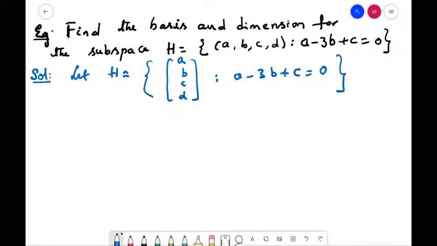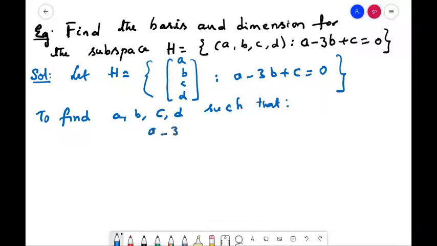So what do we have to do here? You have to find a, b, c, d such that a minus 3b plus c is equal to 0, and you don't know about d, so d is equal to d.